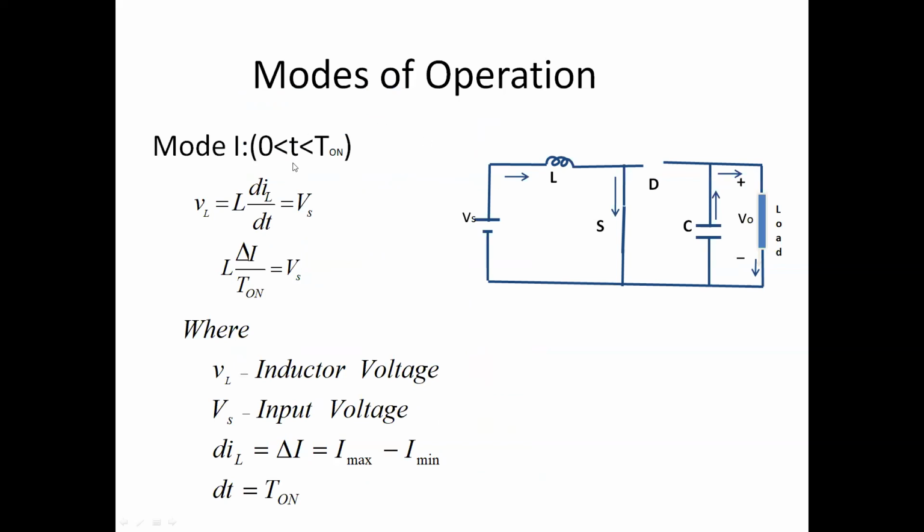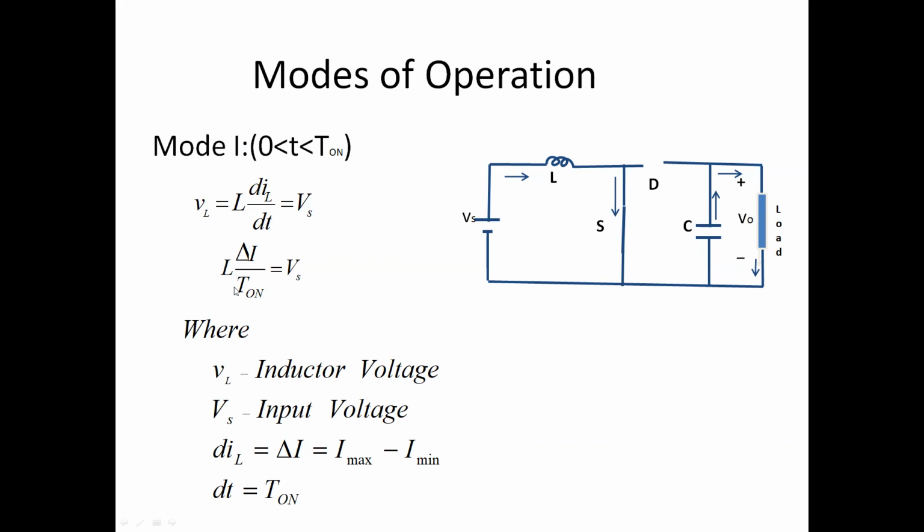Now let us write the voltage equation of an inductor during mode 1. In mode 1, we can write VL is equal to Vs, and VL can also be written as L into dIL by dt. dIL is nothing but delta I, which is I max minus I min, and dt is nothing but T on.